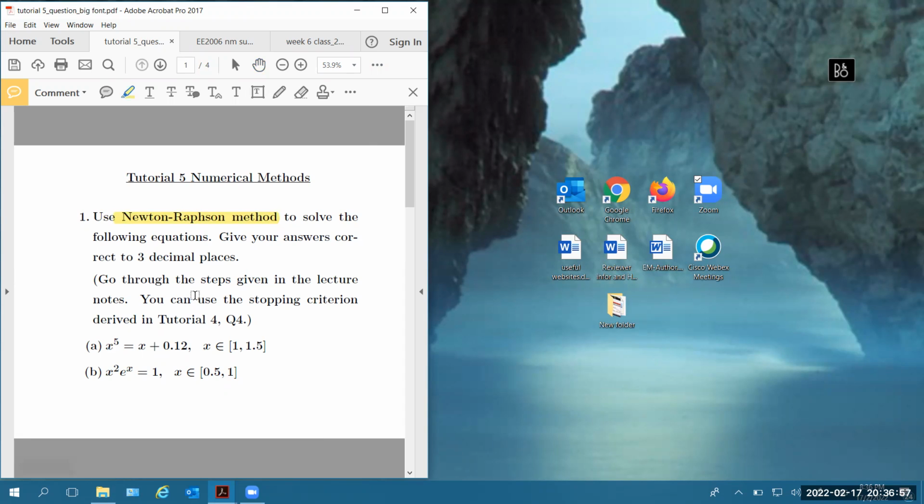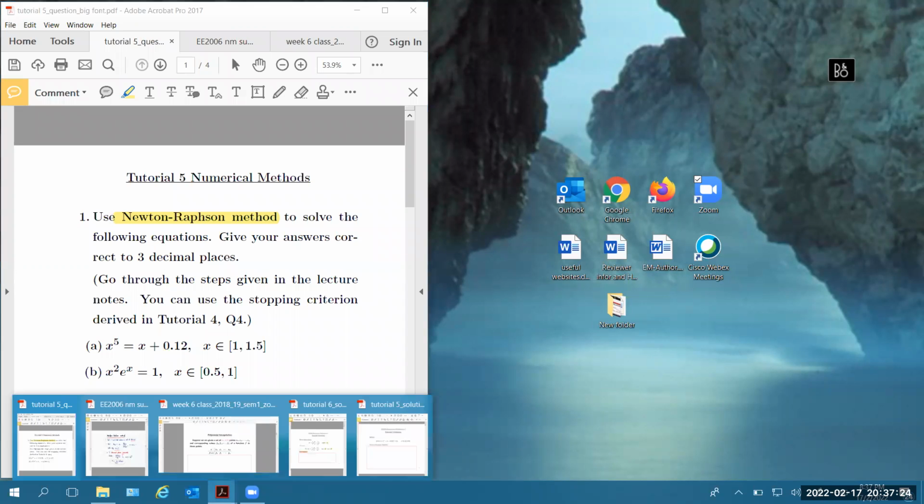So go through the 3 steps. Our stopping criteria is the same as the fixed point iteration one, so we'll use the stopping criteria derived in last week's tutorial. The equations are the same as last week's, just that we use a different method to solve. Okay, so let's go and see here.